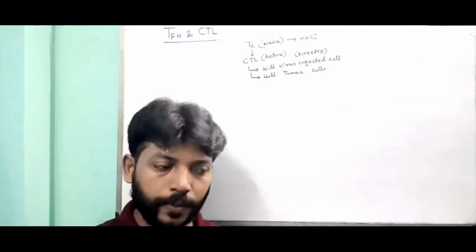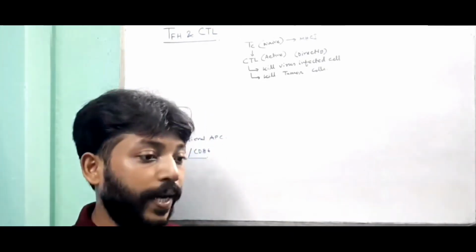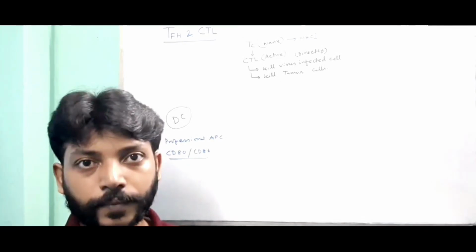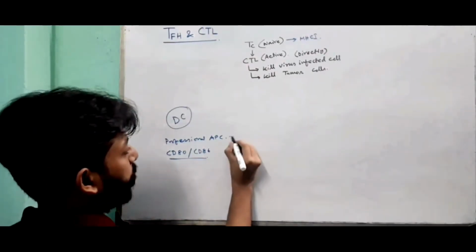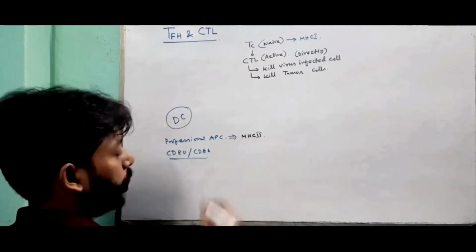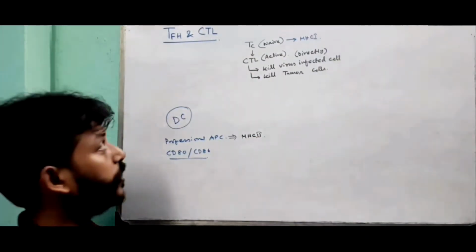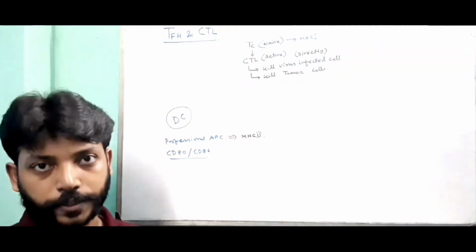It is very important. But here is a problem. Dendritic cells mostly present antigen by MHC2 molecules, because they are professional antigen presenting cells. But for the activation of cytotoxic T cells, the MHC1 molecule is important.